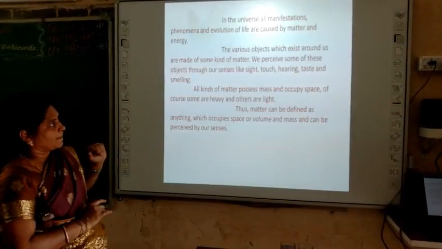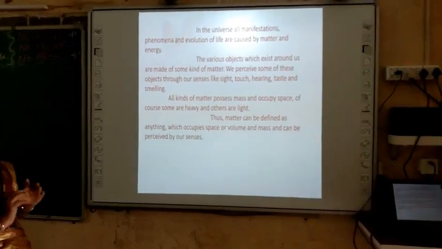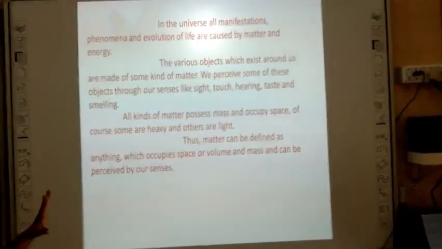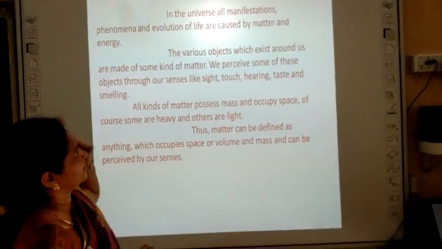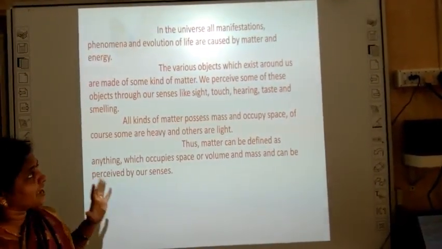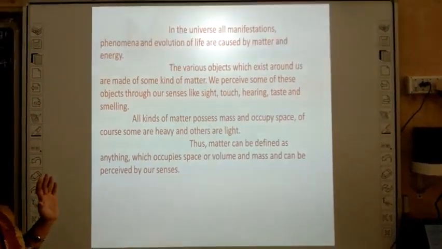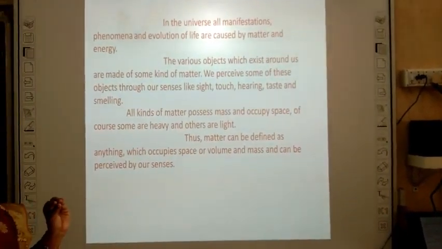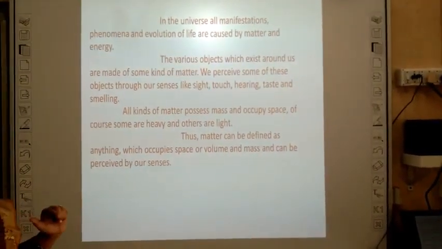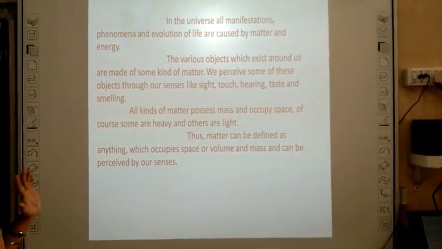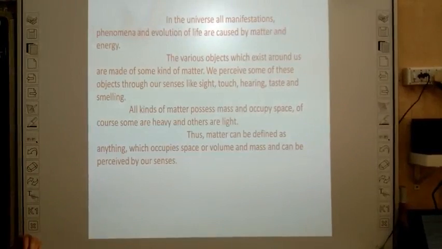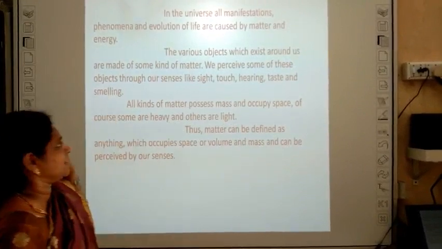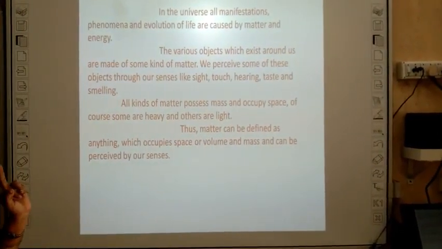In the universe, all manifestations, phenomena and evolution of life are caused by matter and energy. Next, various objects which exist around us are made of some kind of matter. Three are very important, and other kinds are also present in our surroundings. We perceive some of these objects through our senses like sight, touch, hearing, taste and smell.